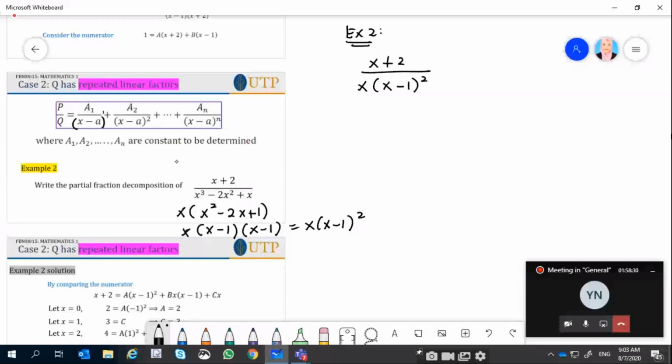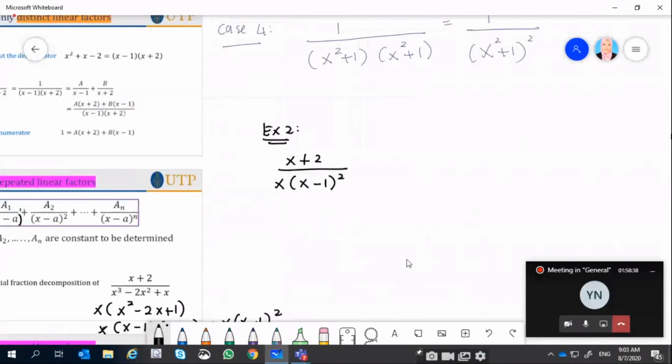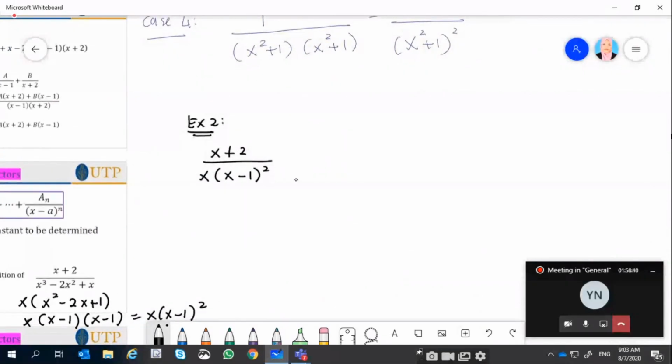It depends on the number of repeated factors. For this case, you will have 3 fractions. The first one for s, the second one for s minus 1, and the last one for (s minus 1) squared.